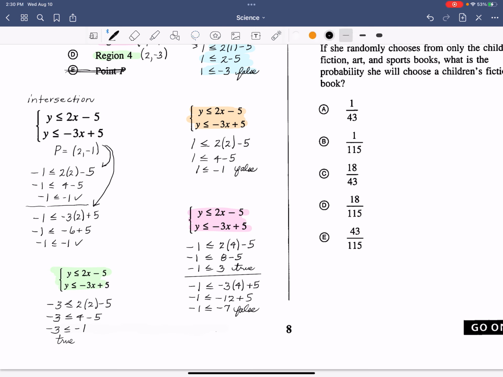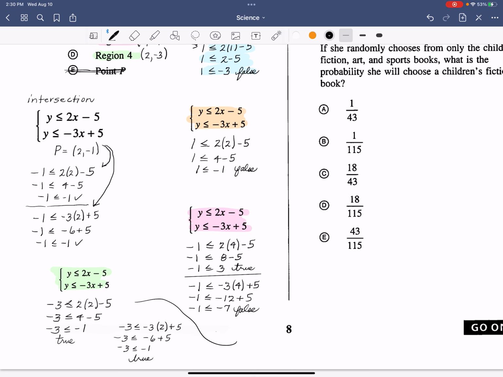So I'm going to plug in negative 3 less than or equal to negative 3 times 2 plus 5. So negative 3 is less than or equal to negative 6 plus 5. Negative 3 is less than or equal to negative 1.